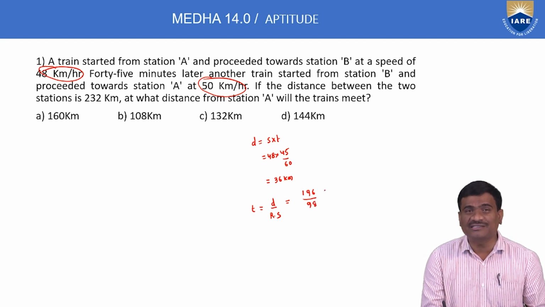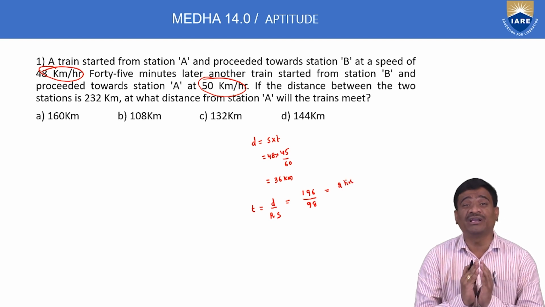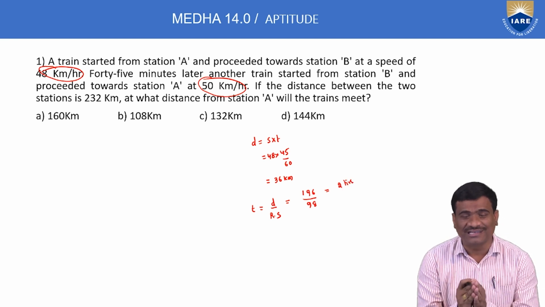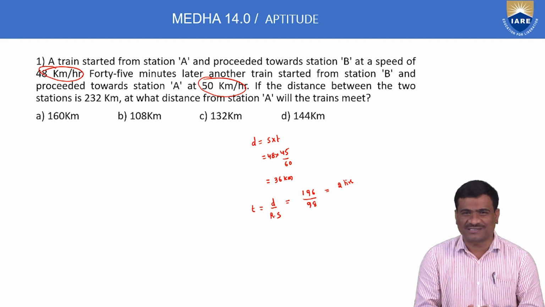Then 196 by 98 is equal to 2 hours. Meeting time of the two trains is 2 hours.